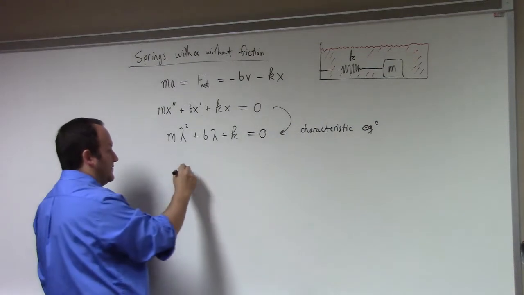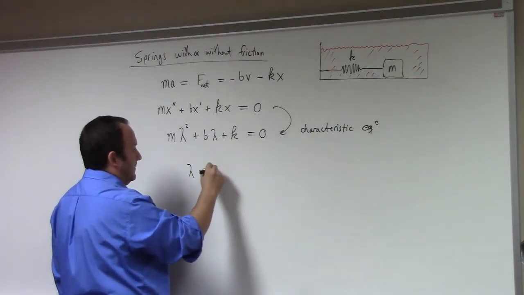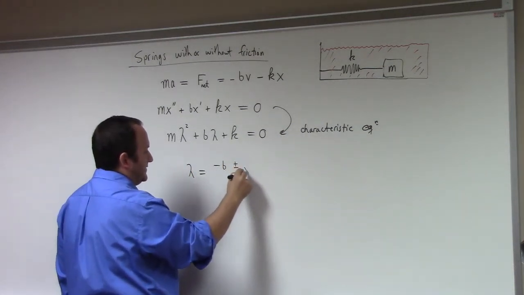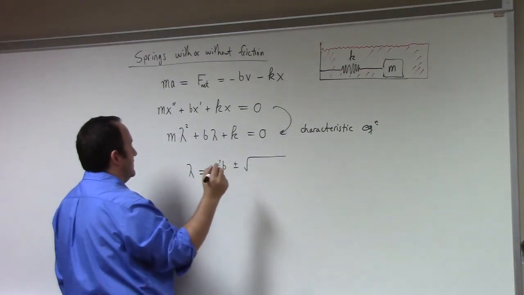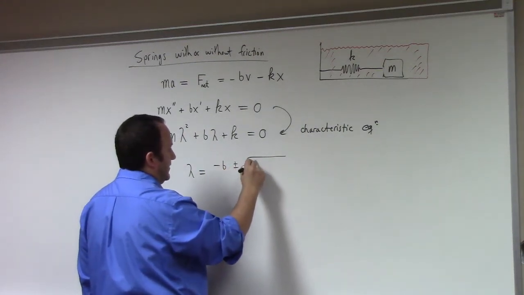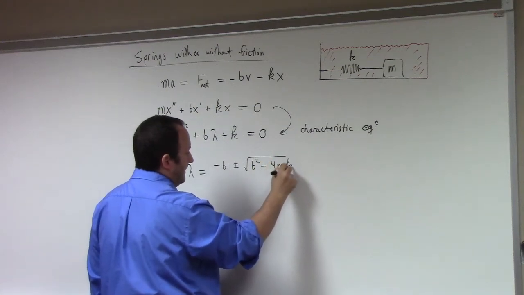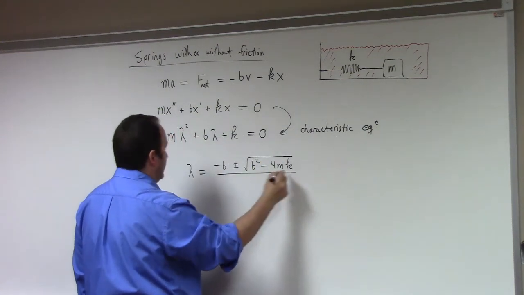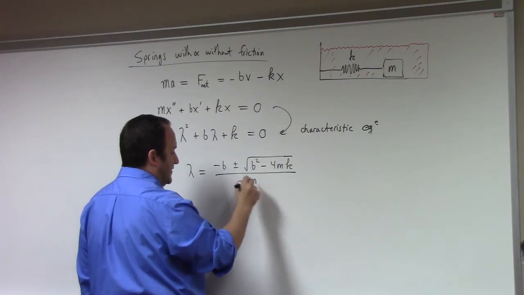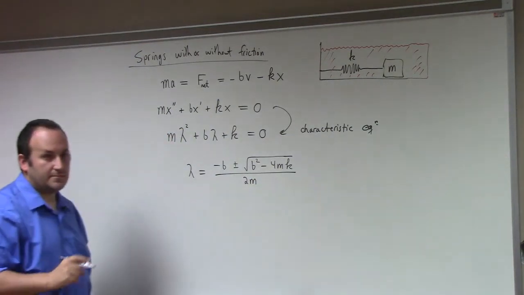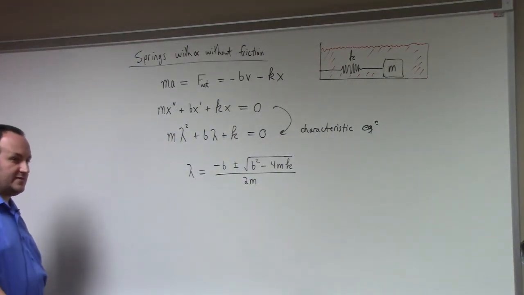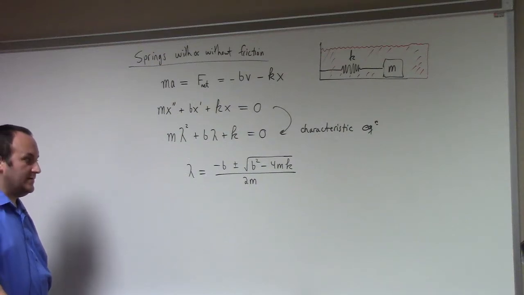So this says lambda's what? Lambda's equal to minus b plus or minus the square root of the discriminant. The discriminant here is b squared minus 4mk, yeah? All divided by twice the mass. Now that makes sense because we assume that the mass is non-zero. Yeah, that seems like a fair assumption.